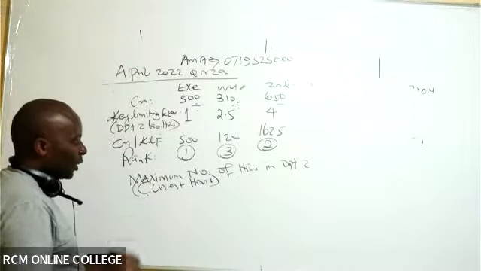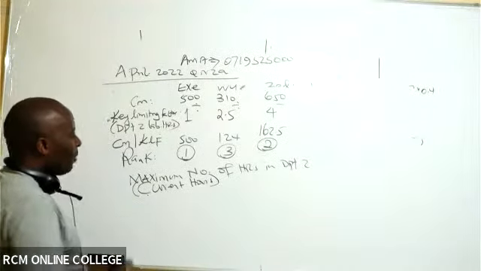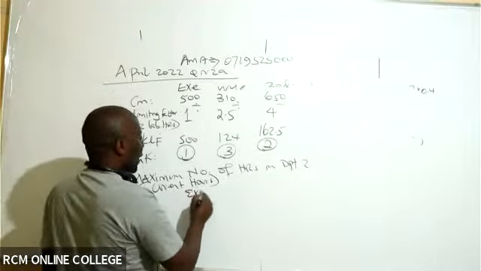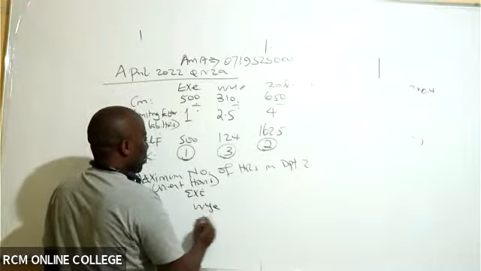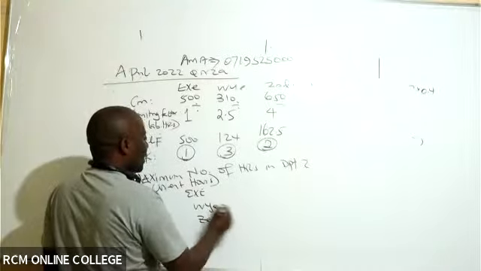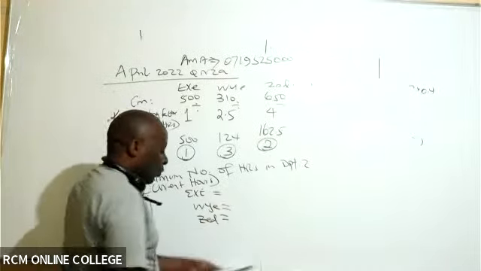How many hours are being utilized today? So remember, we have 3 products: X, Y, and Z. Is there anybody who is able to see the current number of units? Yes.